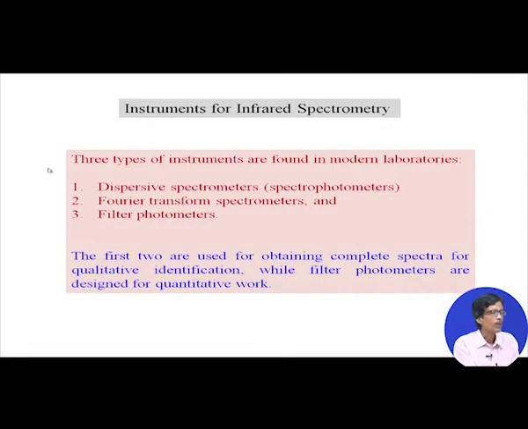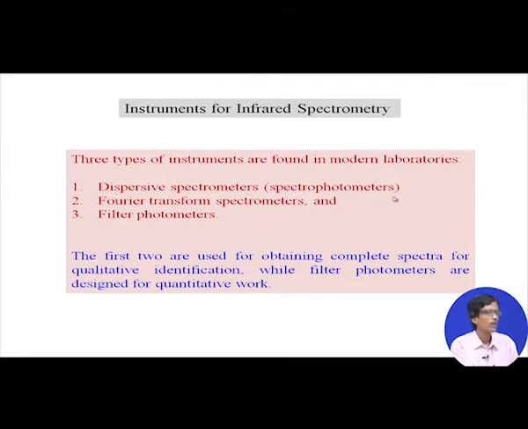This particular one can have three different types of instruments, because of development from one step to the other, in the different modern laboratories, the synthetic laboratories and any other analytical laboratories. One type is dispersive spectrophotometer.